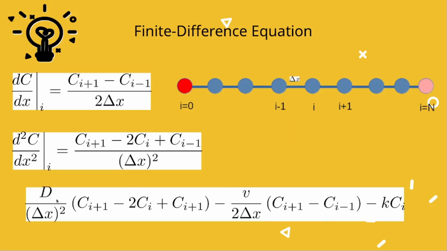And then when I plug everything in, this is the equation I'm going to get at some generic node i. And remember, it's got an i plus 1 term as well as an i minus 1 term.